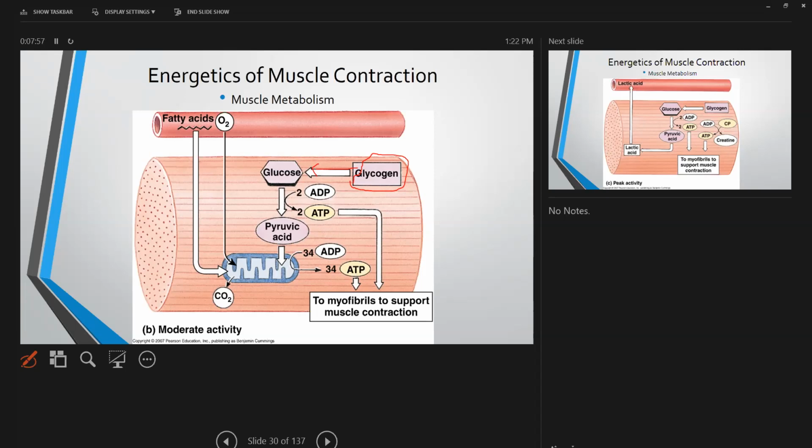This is all performed in the mitochondria, with the waste product being CO2 and the final electron acceptor being oxygen, and finally producing water. The energy for all of this is derived from also fatty acids that are broken down in the mitochondria. And in the end, we end up with the production of ATP.